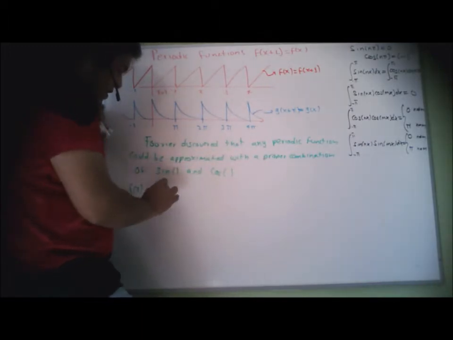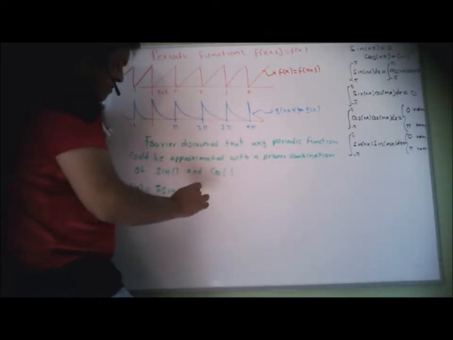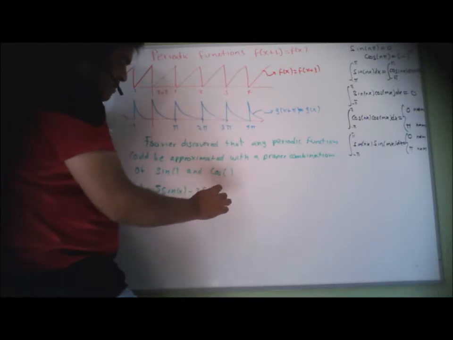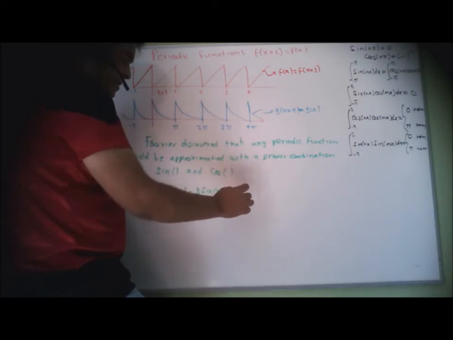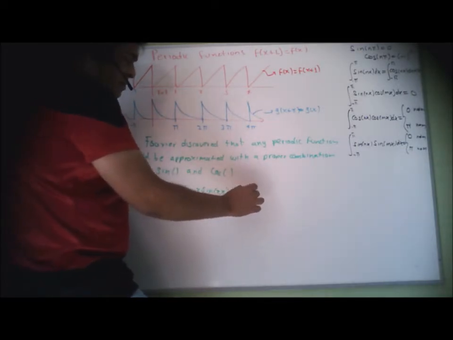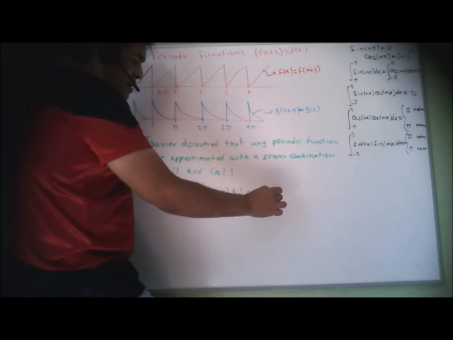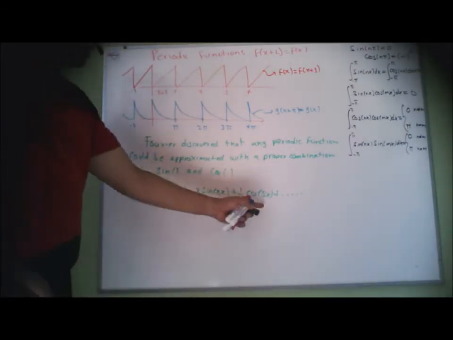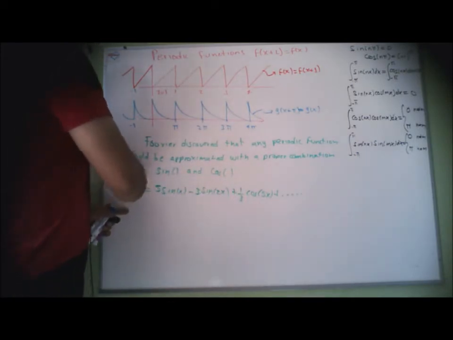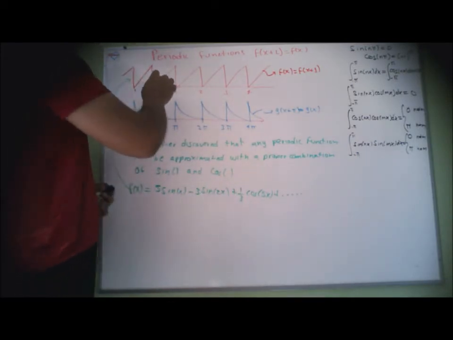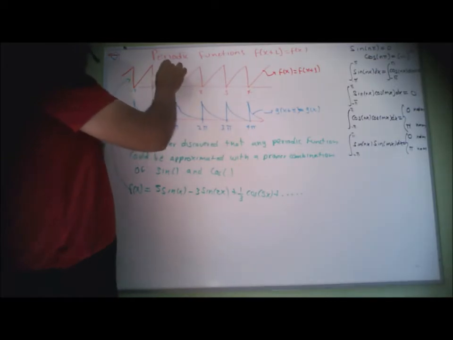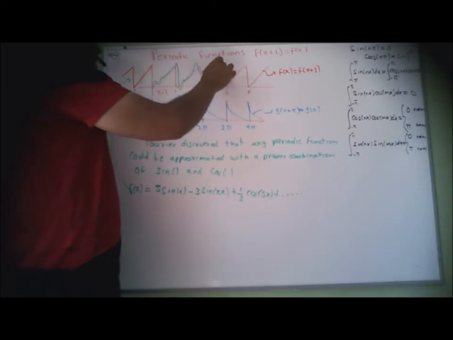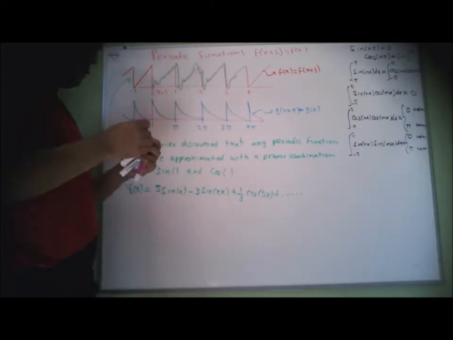It could be like 5 sine of x minus 3 sine of 2x, also the cosines, plus, I don't know, 1/3 of the cosine of 5x, and so on. With a proper combination of these sines and cosines, we could make it equal to this periodic function. Something like this.